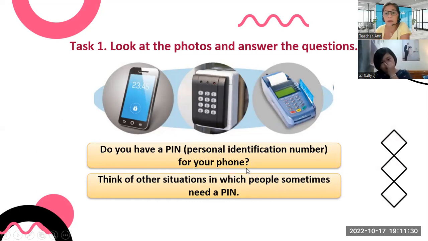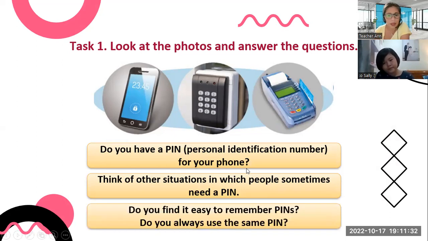You're going to have the PIN. Do you find it easy to remember PINs? Do you think it's easy or hard? Yes. Easy. Maybe yes. How about your mom? Does your mom have an ATM card? Yes. She finds it really easy to remember.